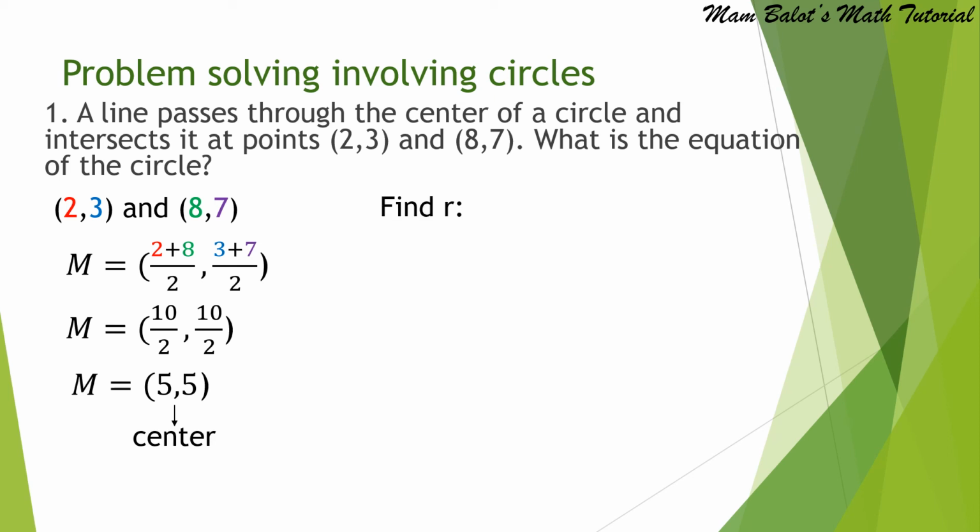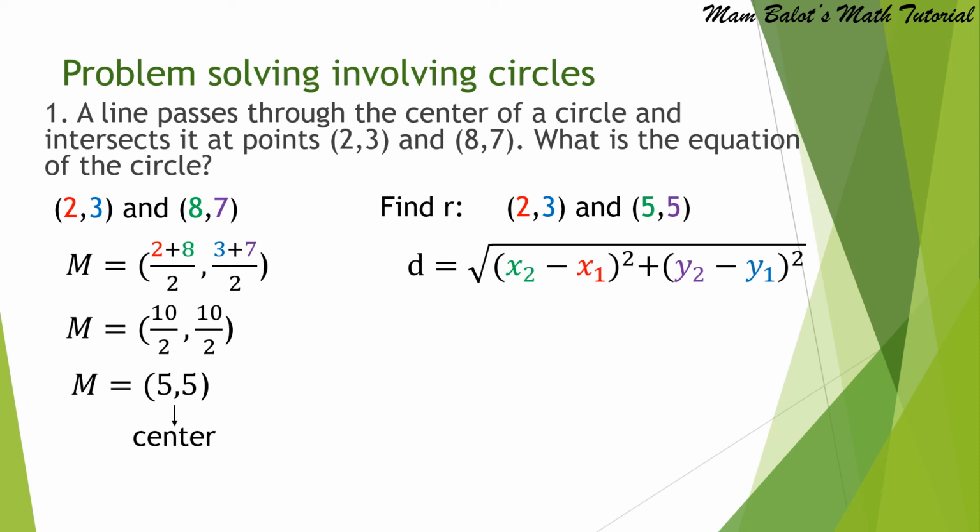To compute for the radius, we need to find the distance from the center to one of its endpoints. So we use the endpoint 2, 3 and the coordinates of the center of the circle, which is 5, 5, and use the distance formula. So substituting the values of x and y, we have x sub 2 is 5 minus x sub 1, which is 2, then squared, plus y sub 2 is 5 minus y sub 1, which is 3, then squared.